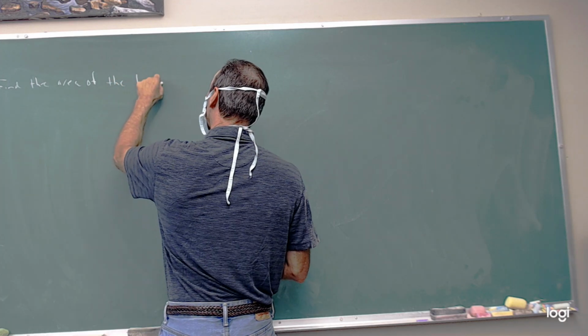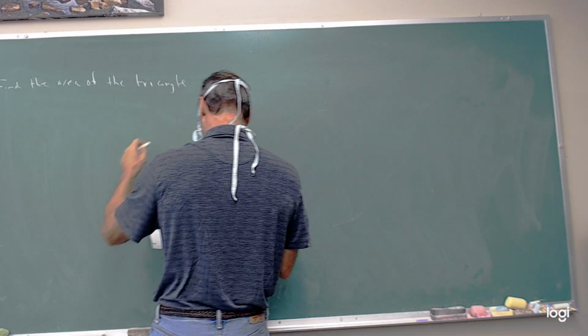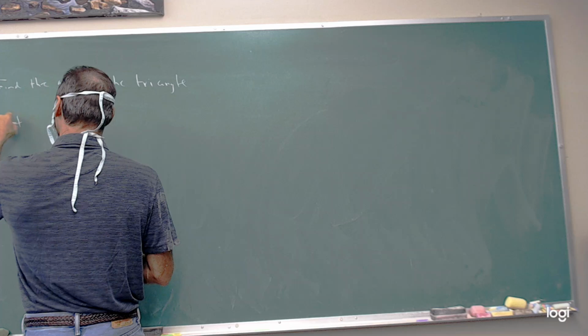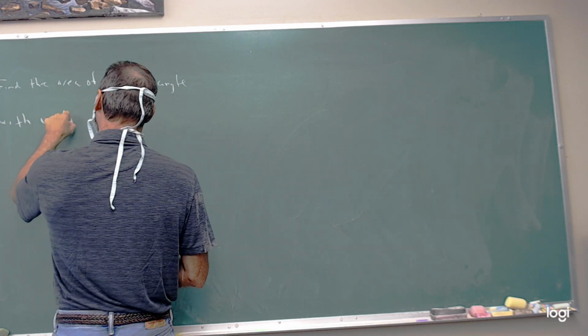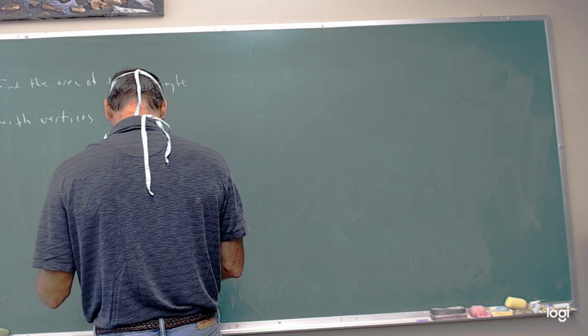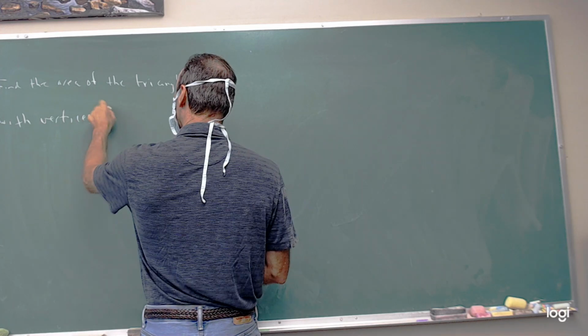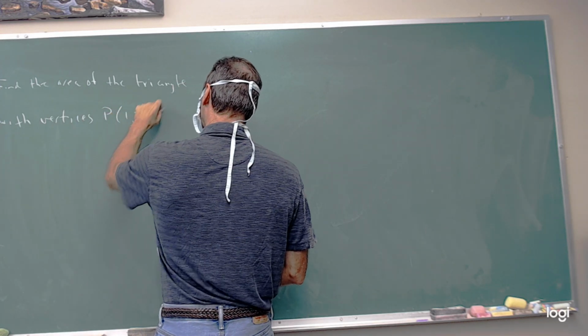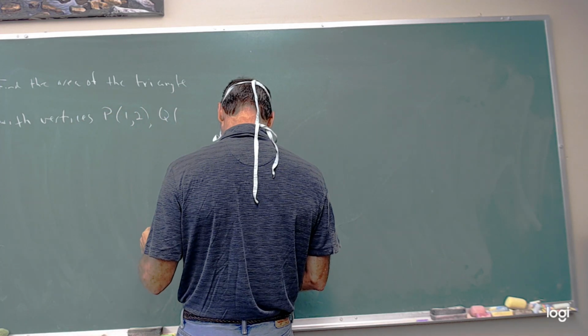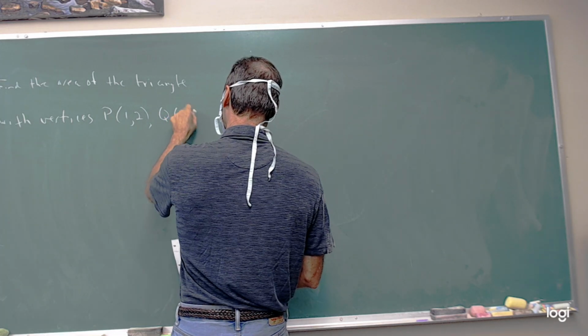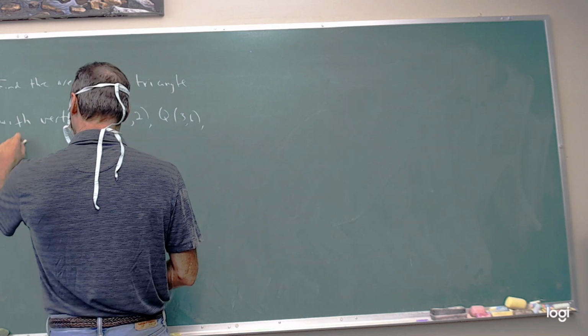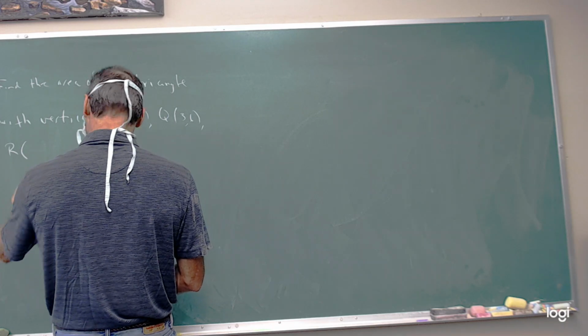We just talked about parallelograms. Of the triangle with vertices P is going to be 1, 2. Q is going to be 3, 6. And R is going to be 6, 1.